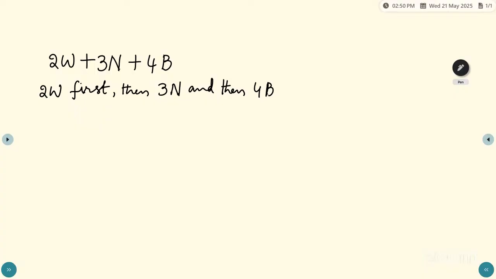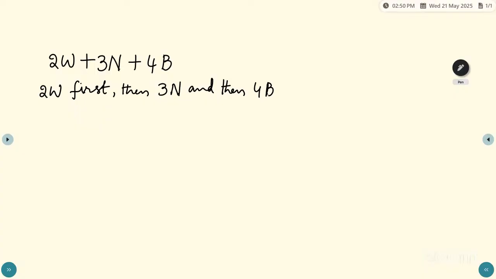What is the question? Then what is the probability that 2 washers are drawn first, then 3 nuts, and then 4 bolts?